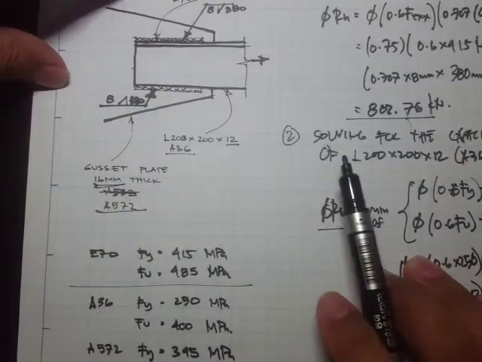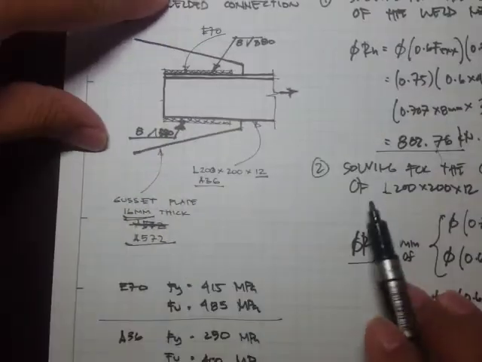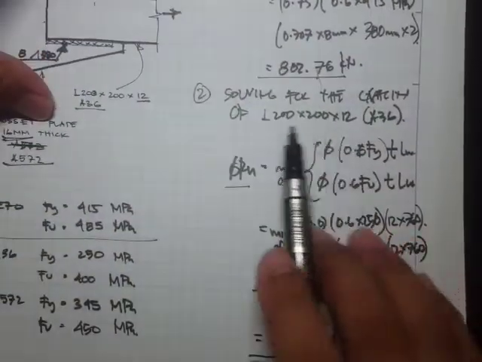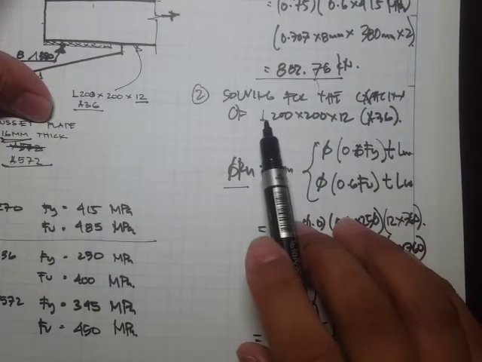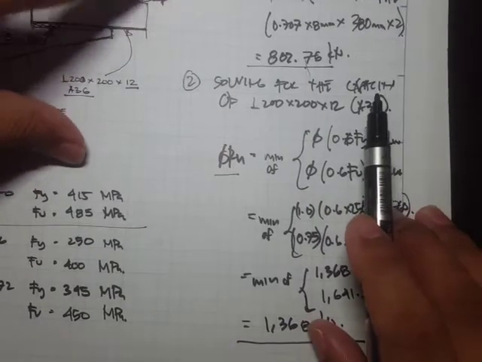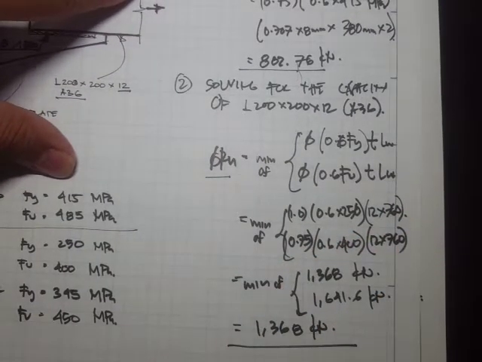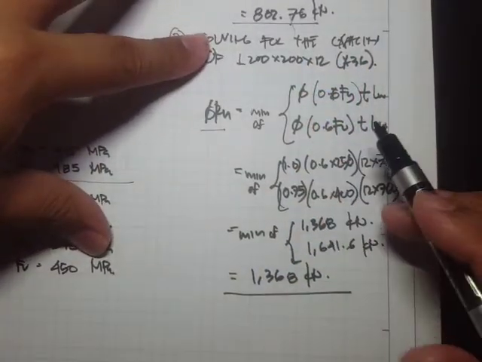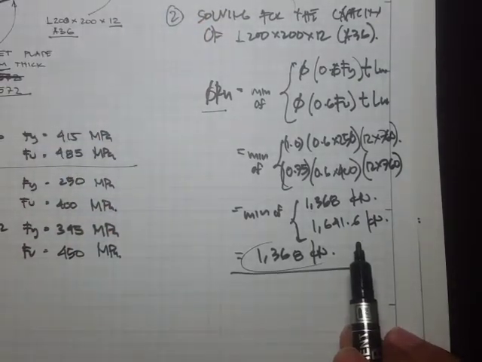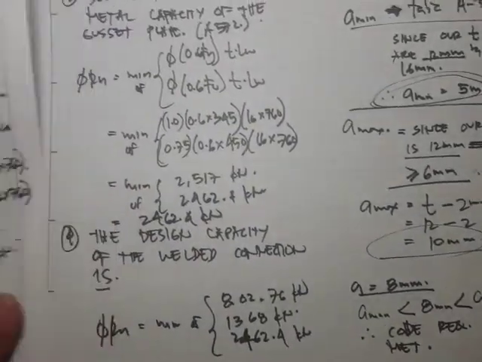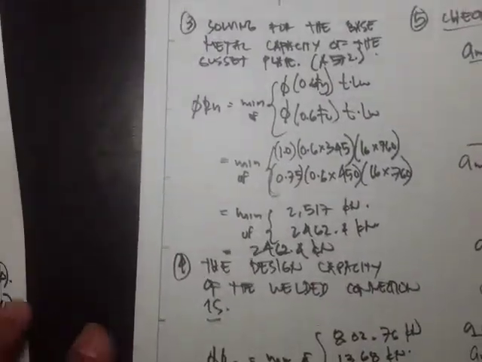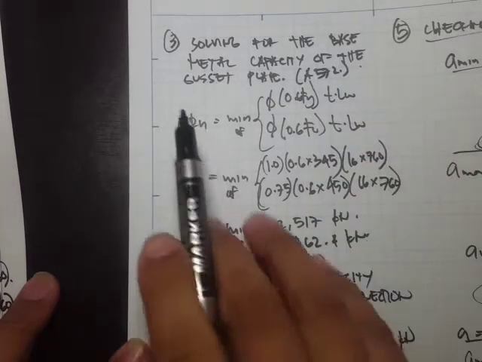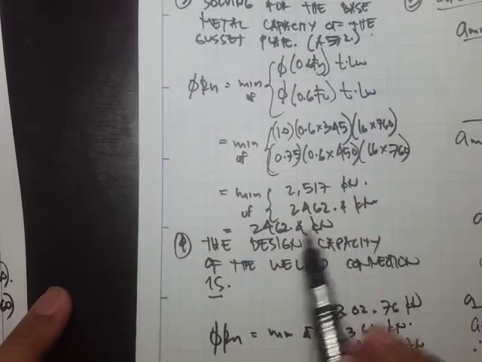Now, we check the capacity of the base metal, but since we have two base metals here, then we have to check each of them. So first, we check the capacity of the bar, and we calculated the capacity for shear yielding and then the shear rupture. And we just substitute the equations and we get this value. Okay, and then the next step is we solve for the base metal capacity of the gusset plate, and we just apply the equations, and then we obtain that.